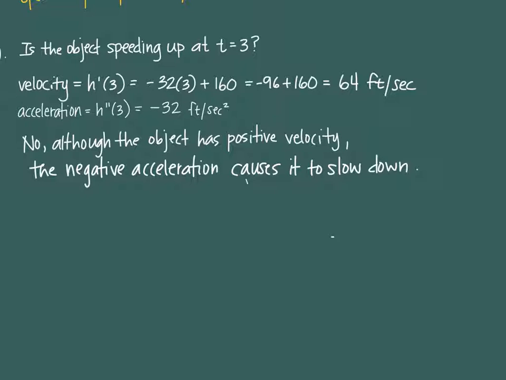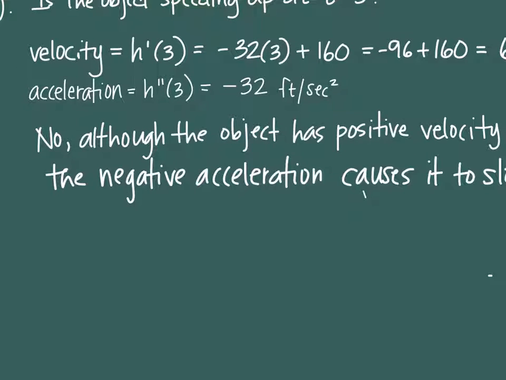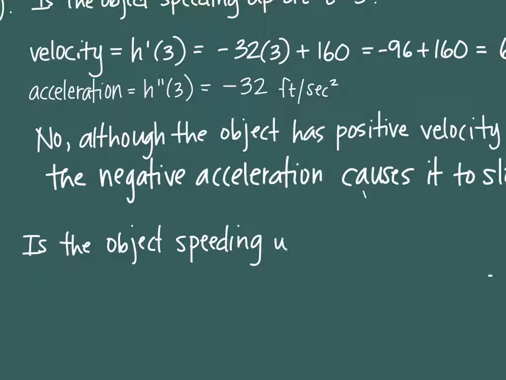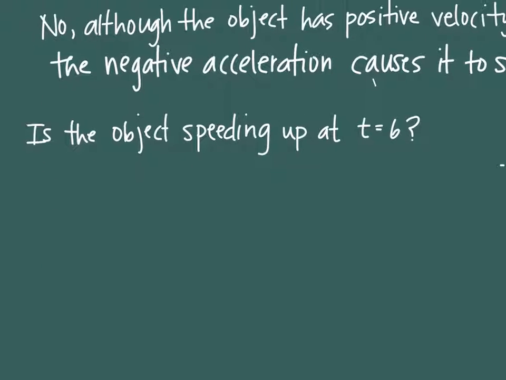All right, so a follow-up question would be, is the object speeding up at time 3, or excuse me, at time 6? So you're going to do the same thing. You're going to compare the velocity and the acceleration at time 6 so that you can answer that question.